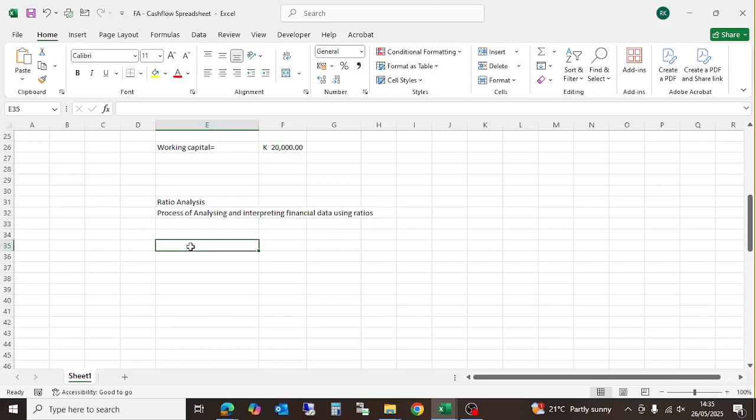So when it comes to ratio analysis, we have two types of ratios.